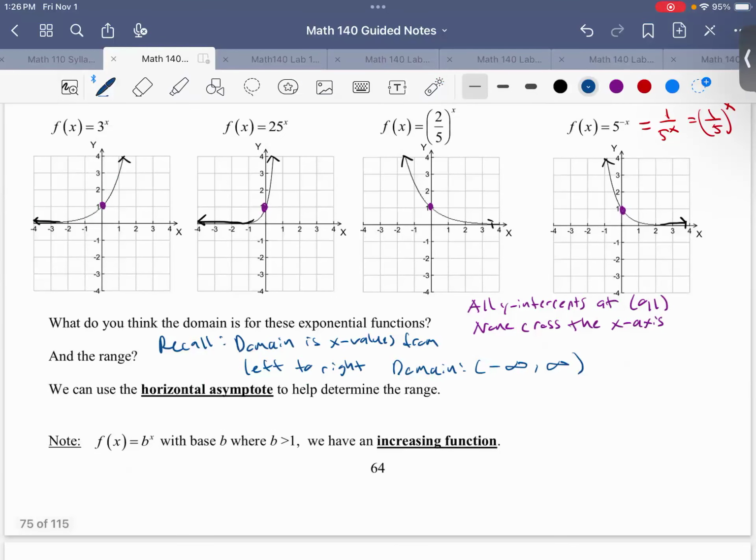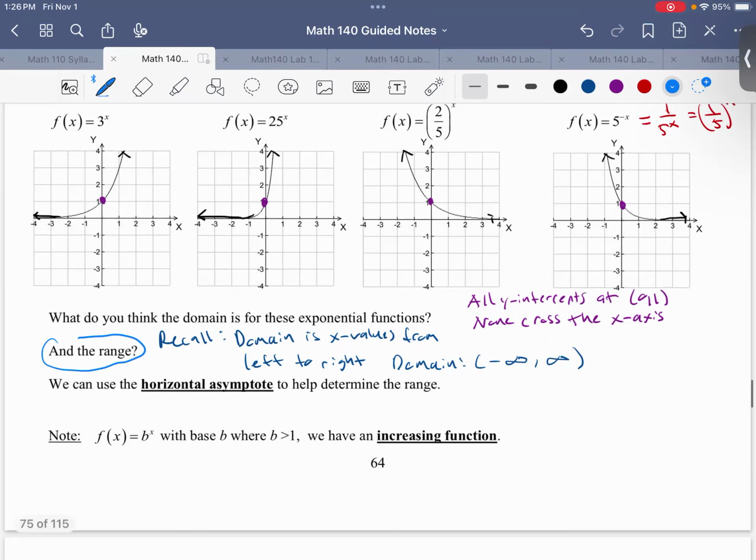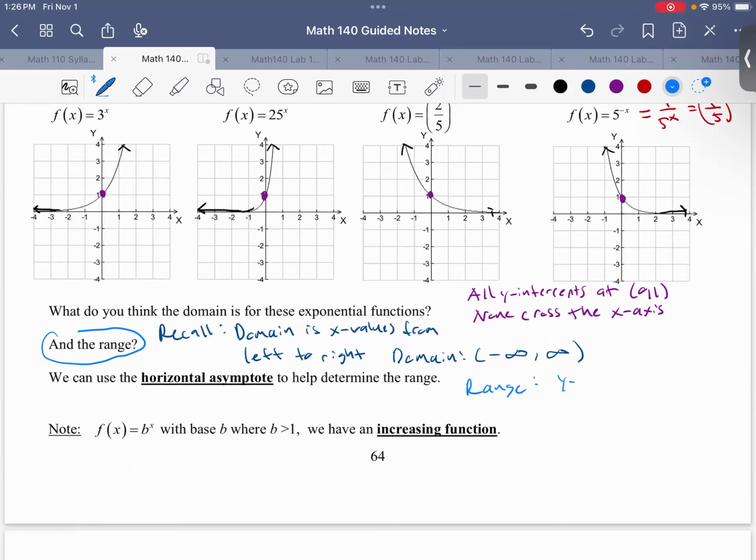And now for the range. The range is, if you could recall, y values down to up.